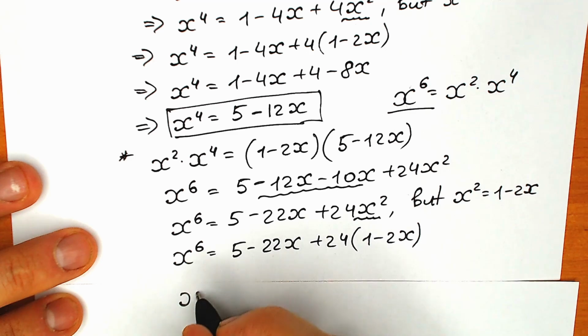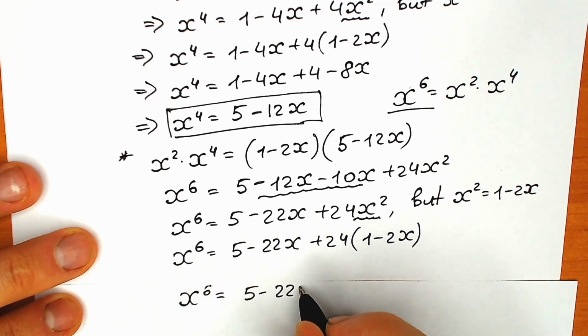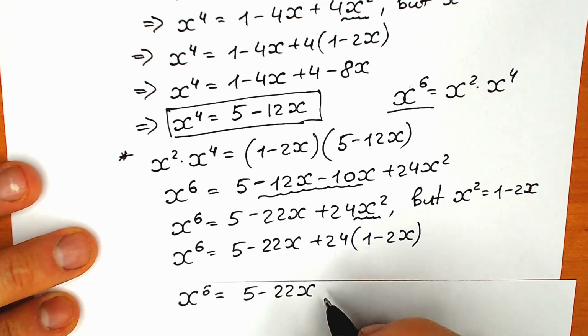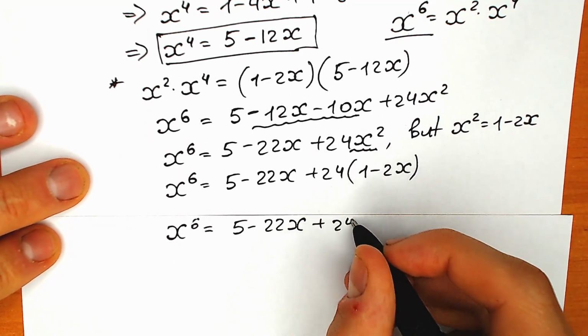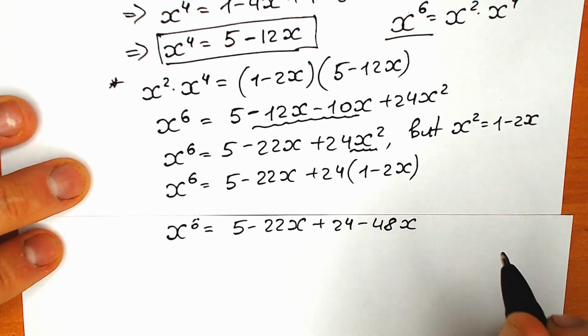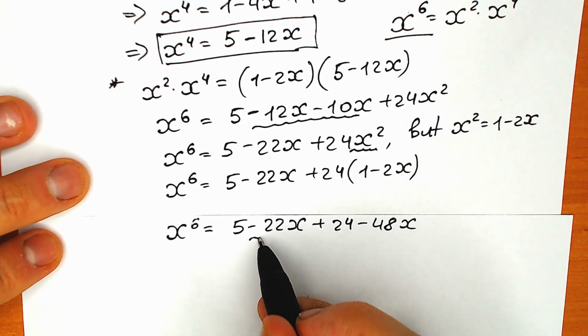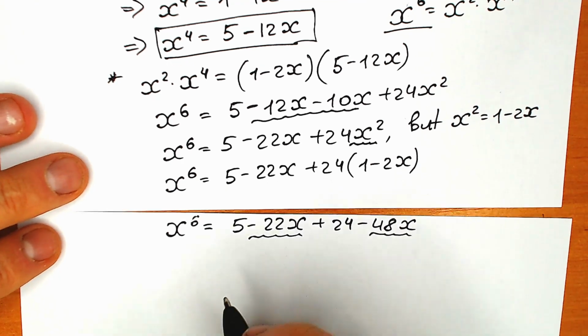So as a result, we have x to the 6th power equal to 5 minus 22x plus 24 from here, so plus 24 and minus 48x. Let's simplify it. Let's combine our x terms right here, and let's add our 5 and 24.